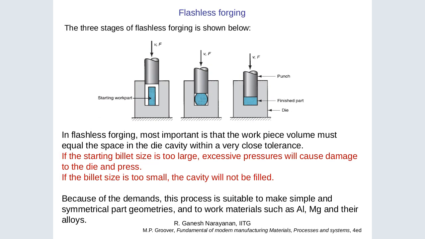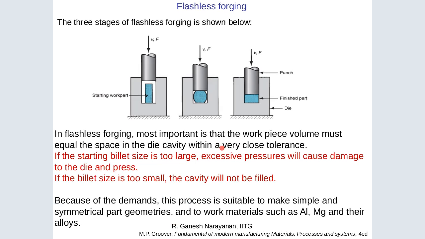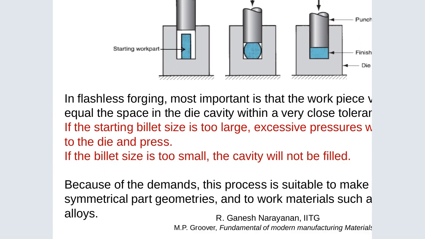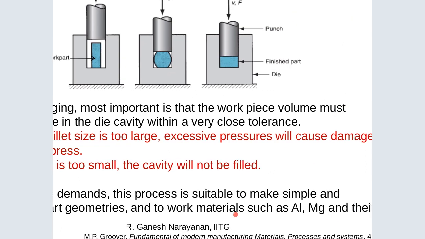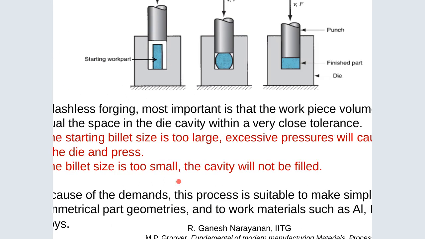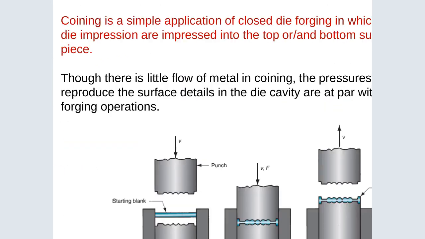If the billet size is too small, the cavity will not be filled. So this process is suitable to make simple and symmetrical part geometries, and to work materials such as aluminium, magnesium, and their alloys.